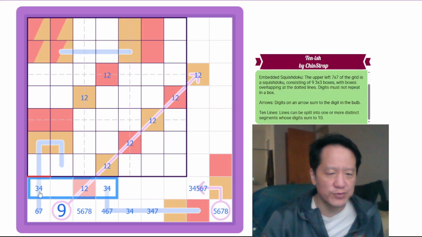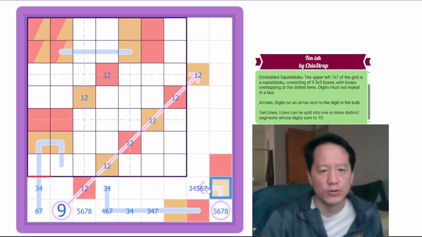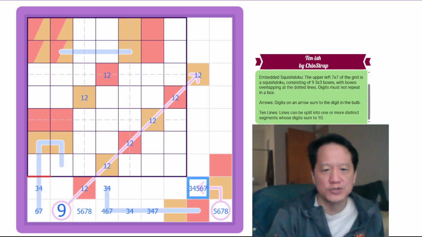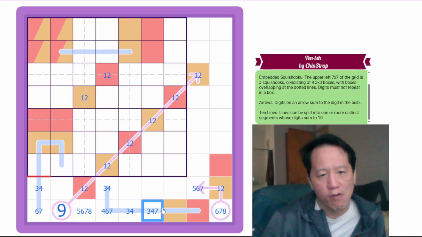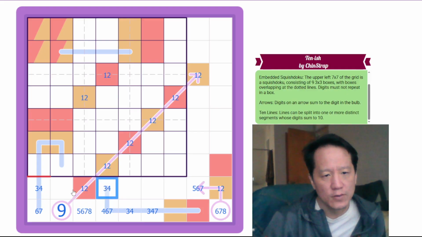That means we have a 3, 4 pair here in row 8, which eliminates 3 and 4 in the rest of the row. So this is 5, 6, or 7 plus 1 or 2. That means this can't be 5. It's 6, 7, or 8 here. Can we have 7, 3, 4, 3? So this would be 4 and 6 if that's the case.